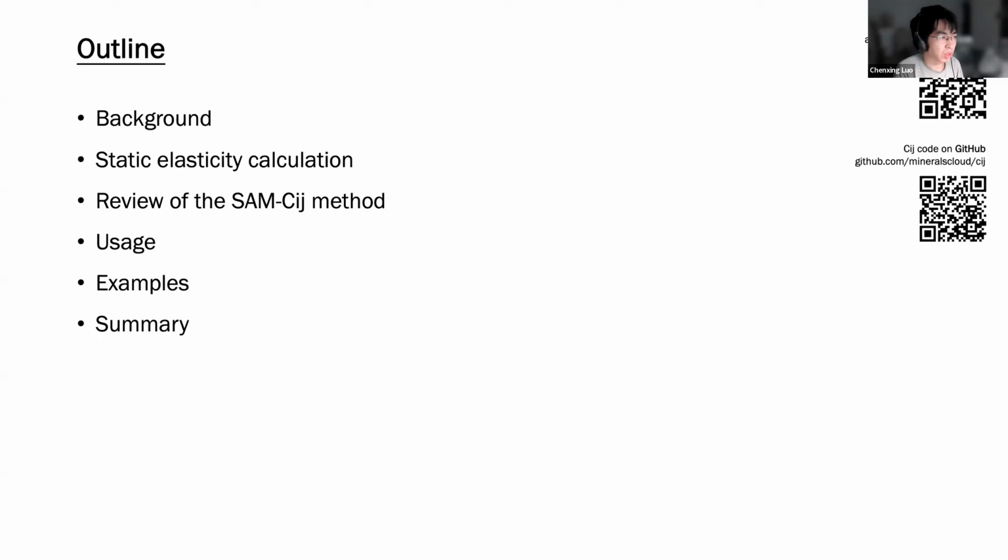After that, I will show you how to use the code and some examples. At the end, I will briefly summarize. And after that, I will probably show you how to actually run the code on the computer.